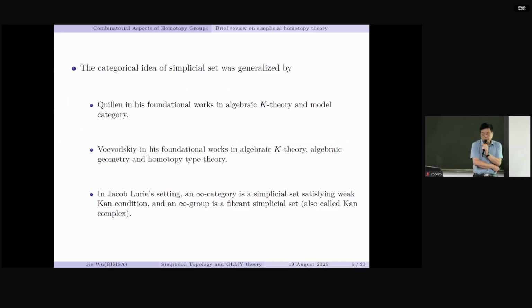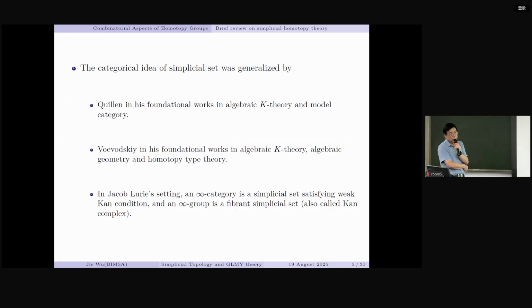Voevodsky is also an expert in simplicial homotopy theory, applying it to algebraic geometry and algebraic K theory. He even pushed further to give, in mathematical logic, homotopy type theory as well.